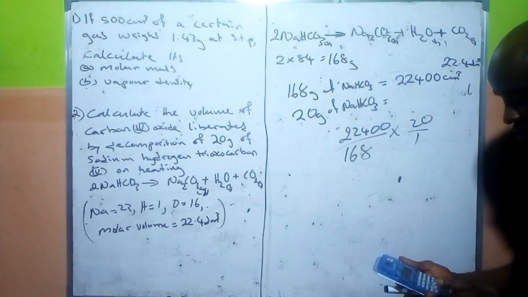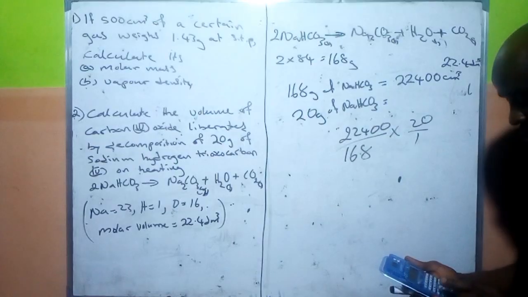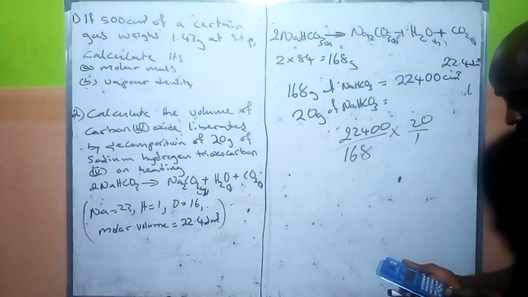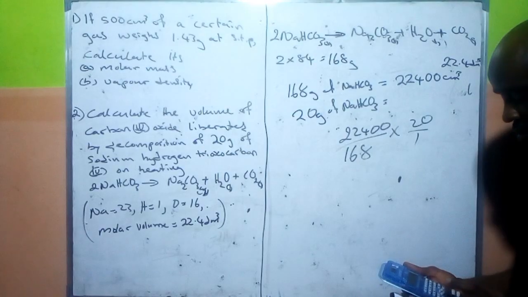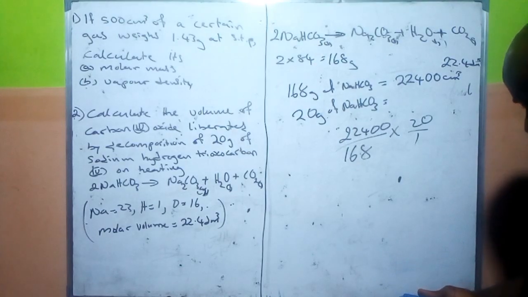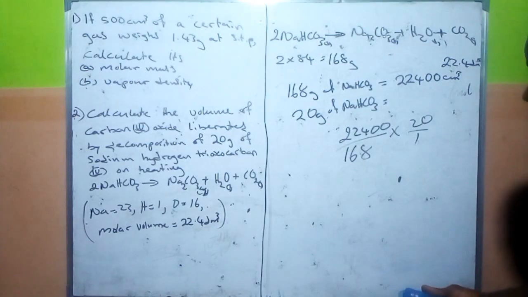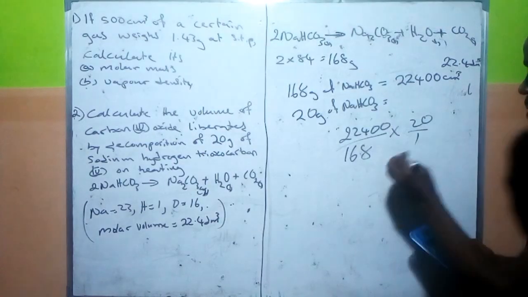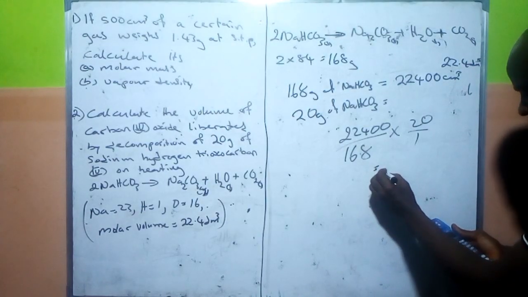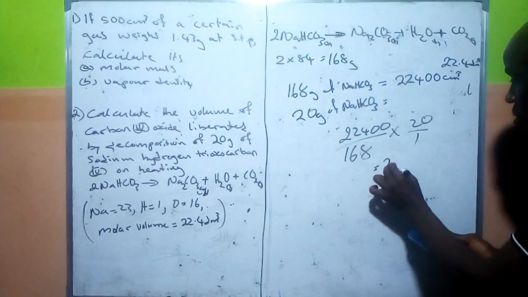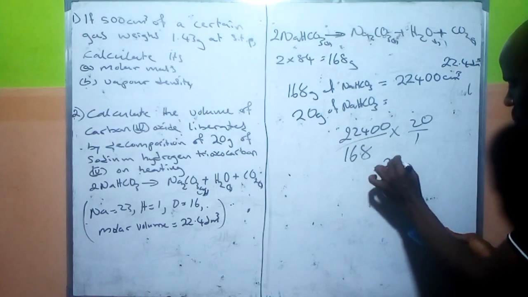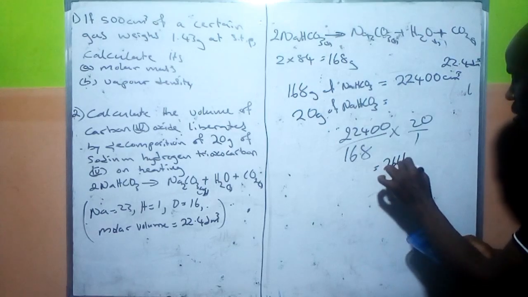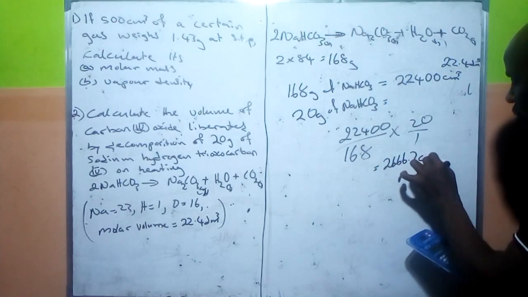So we have 22,400 multiplied by 20 divided by 168, which is equal to 6.7 cm cube.